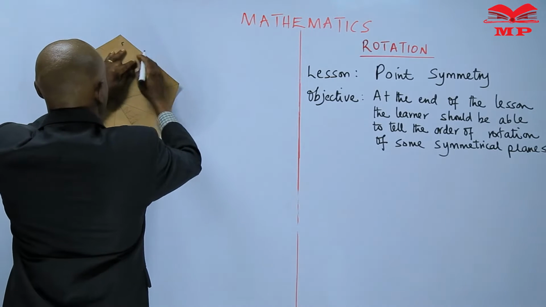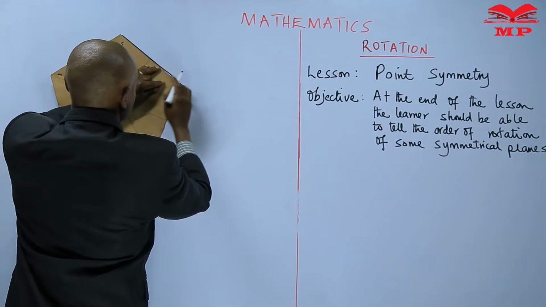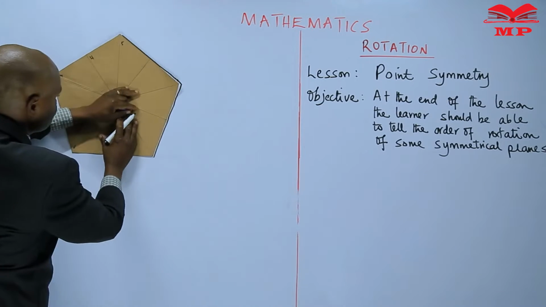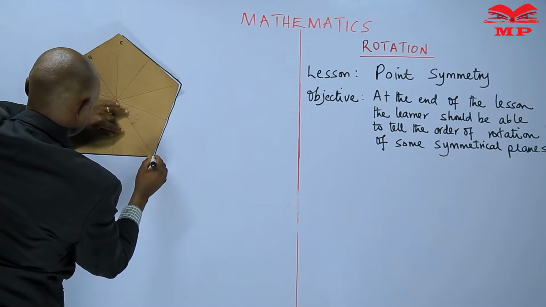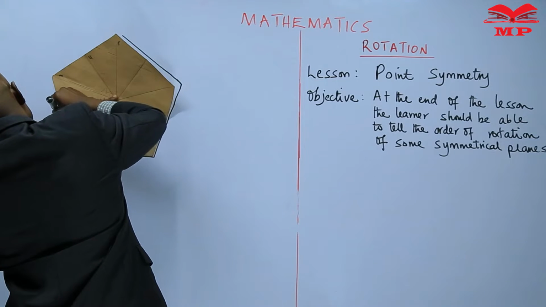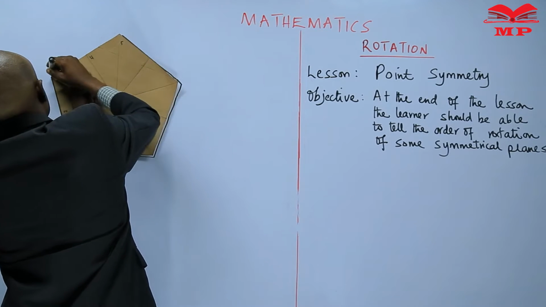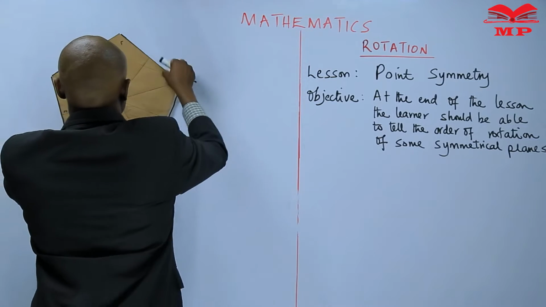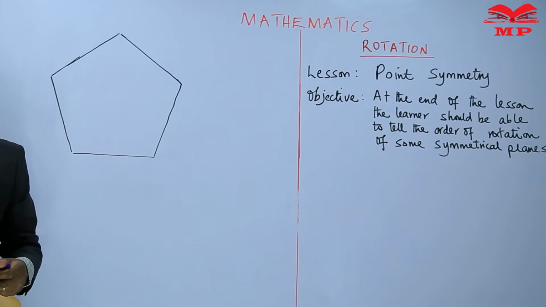So if I trace these, trace that, trace that, trace this, trace that, trace that, and finish up. So that is what I have for the pentagon.